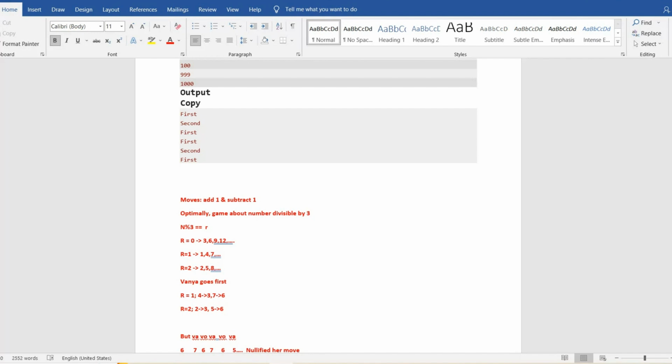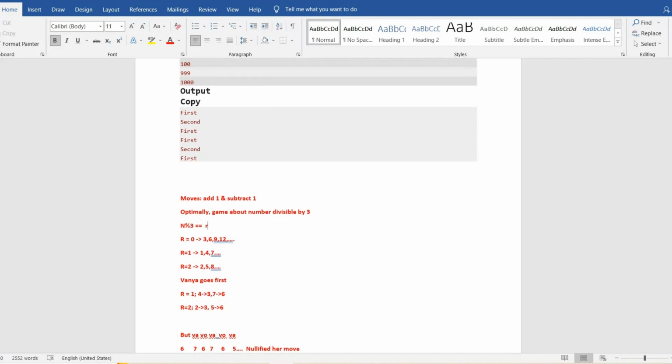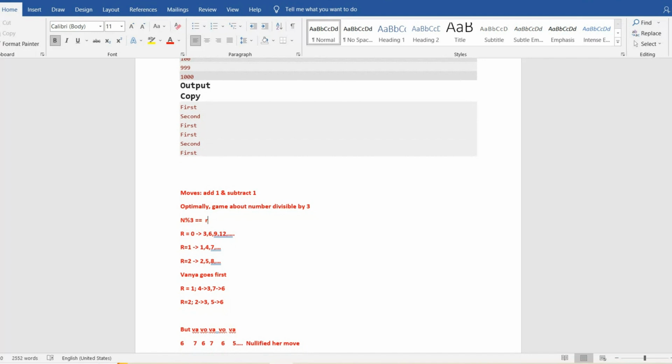So according to the scenarios we considered, if the number is itself divisible by 3, then we can say Vanya loses, because at most there are only 10 moves. After that, Boa wins. So it means Vanya loses. And in any other case where n is 4, Vanya just subtracts, and if it's 5, Vanya just adds it. So in those cases, Vanya is winning.